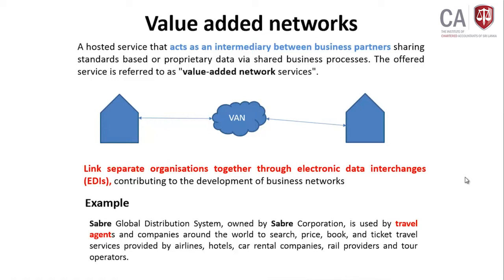That provides information about the flights, the planes going from one country to another. Those are available on a common platform, so every travel agent can get that information in order to book the ticket. Those are kind of value added networks.